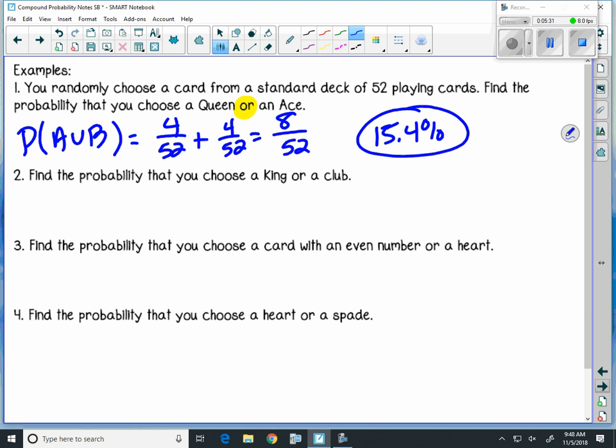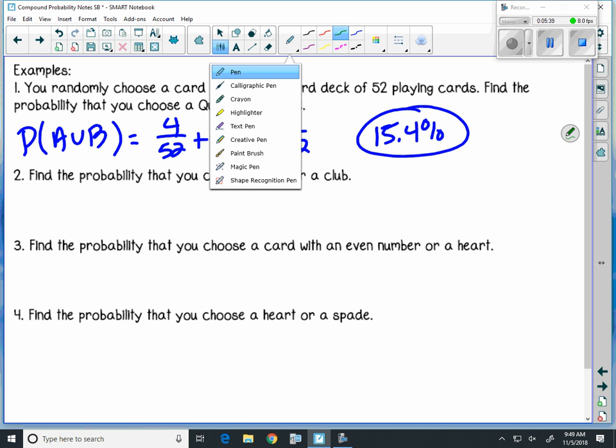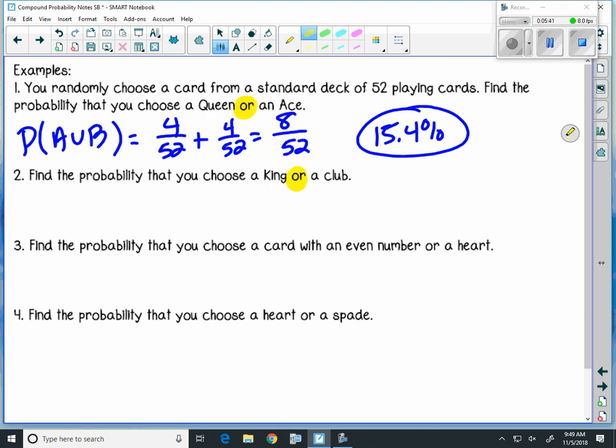All right, find the probability that you chose a king or a club. Is this a union or an intersection? A union because of the word or. Is it overlapping or not overlapping? Overlapping, because you can have a king of clubs. That is a card that is in the deck.